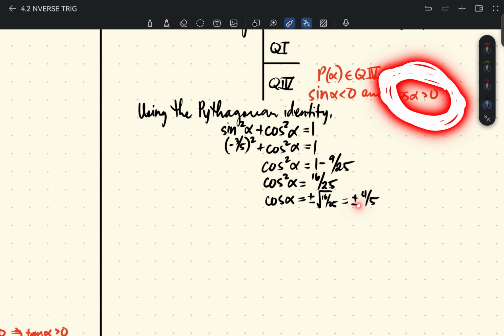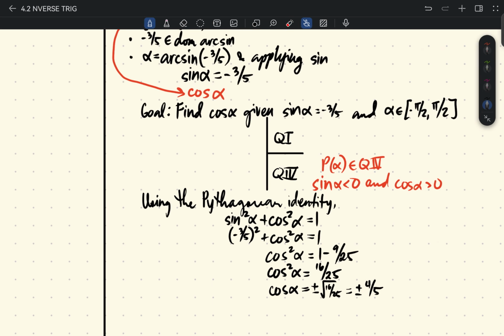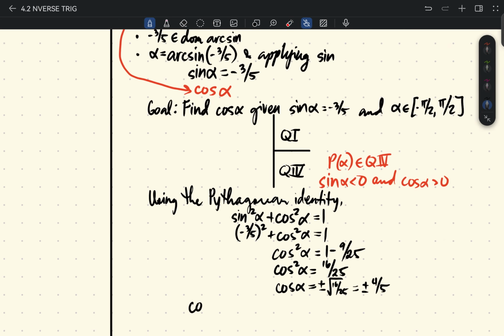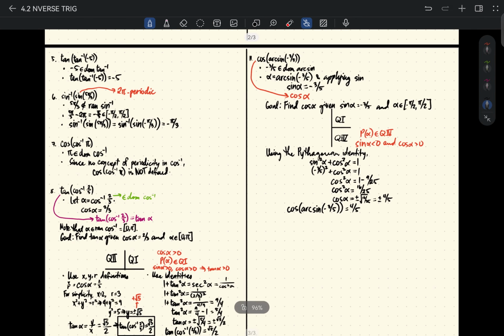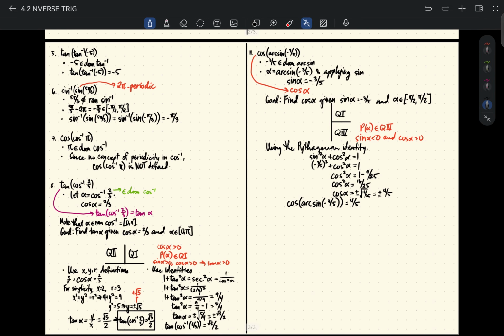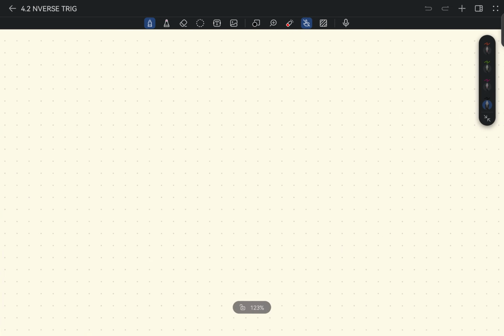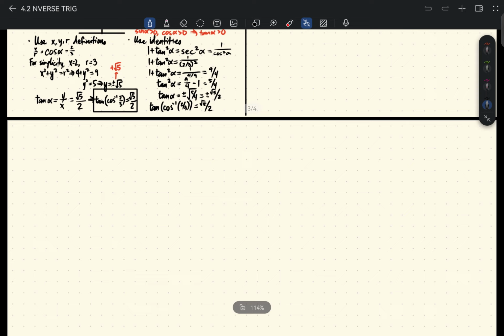And so we are taking cosine of arc sine of negative 3/5 to be the positive 4 over 5. Okay? One last example. This one right here is a little bit different from what we are doing.